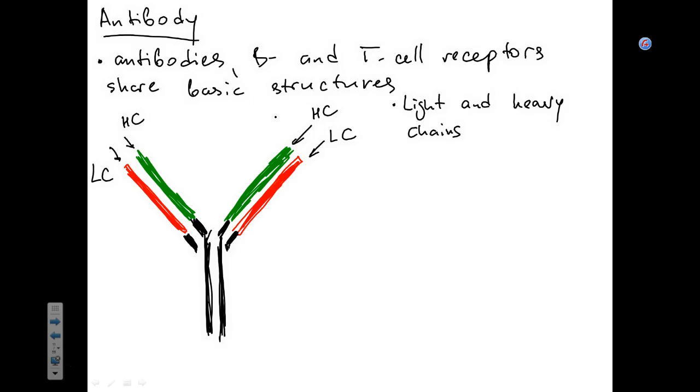Are we clear on that? Awesome. Next, you see the colors. Technically, I didn't have to put green and red, like different colors. The point is, black part, okay, this part is called FC fragment.